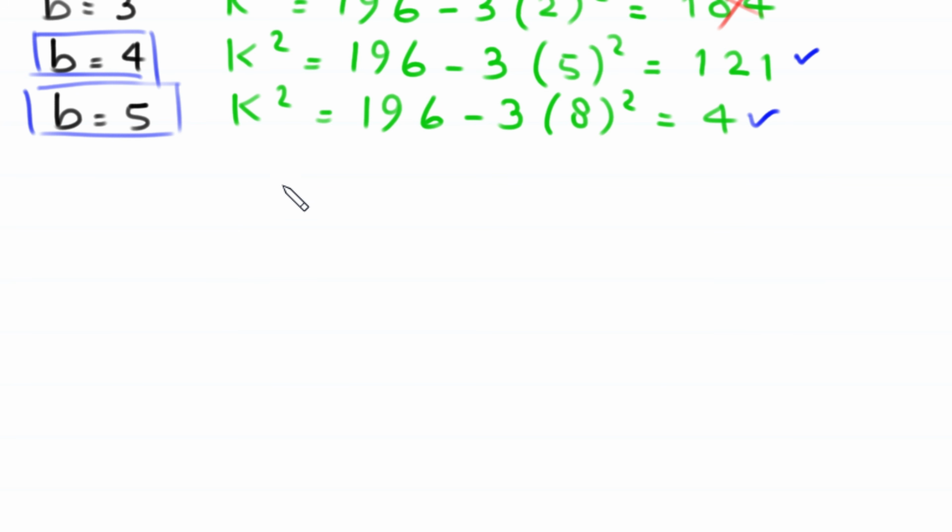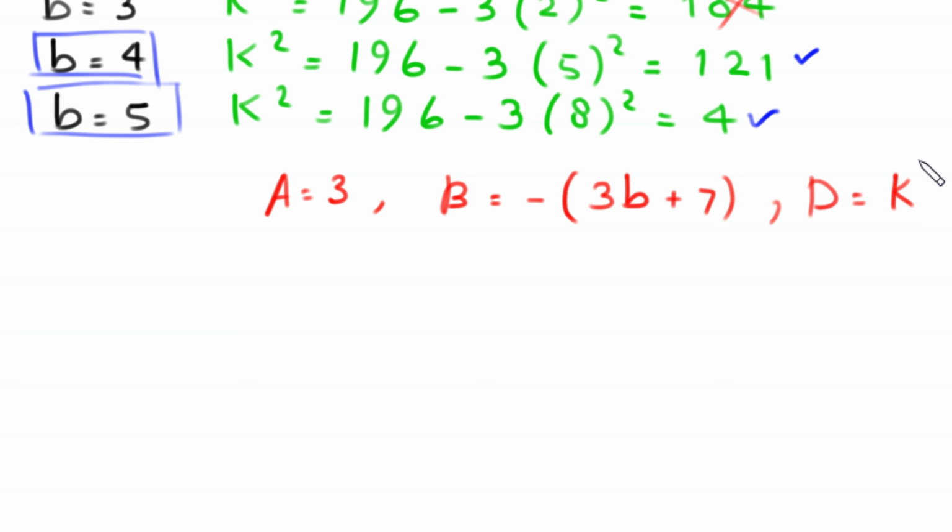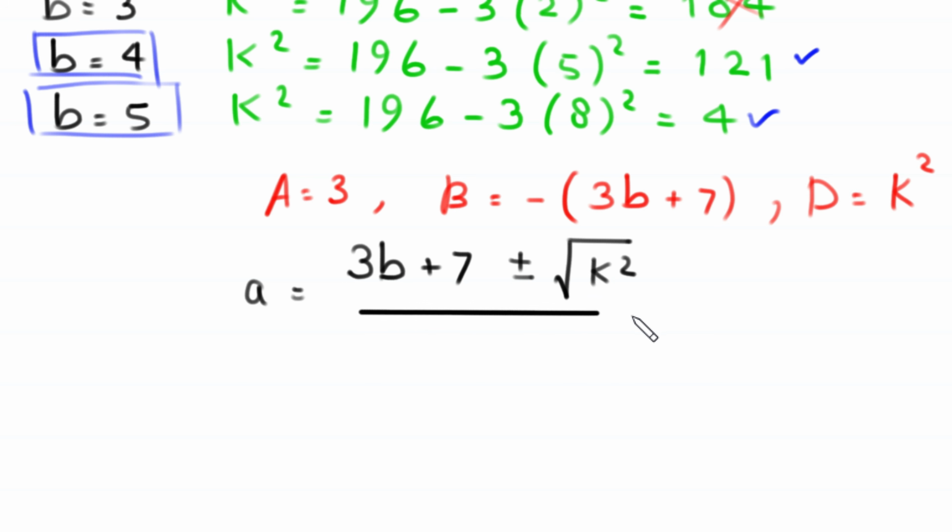In our quadratic equation, we have a equal to 3 and b equal to negative (3b plus 7), and the discriminant is equal to k squared. So according to the quadratic formula, a will be equal to negative times negative, which becomes positive, 3 times b plus 7 plus or minus the square root of k squared, divided by 2 times a.